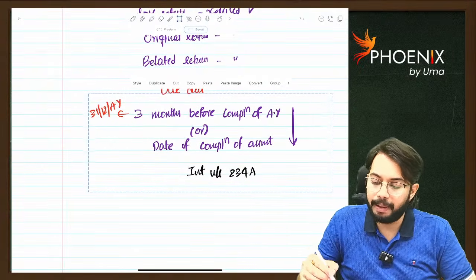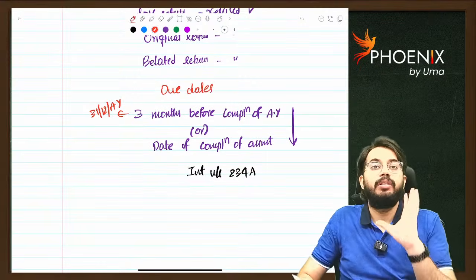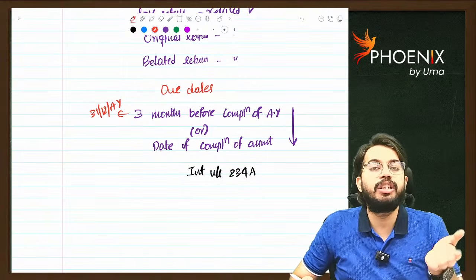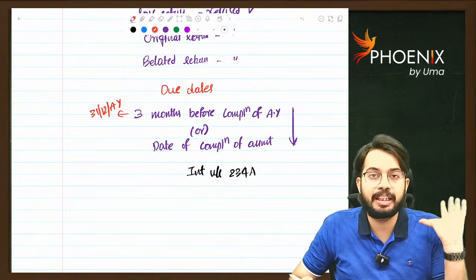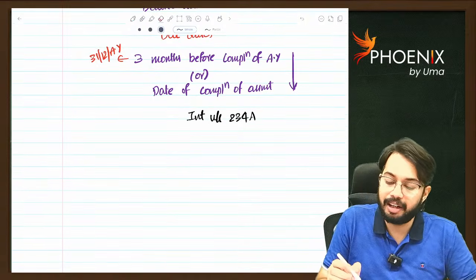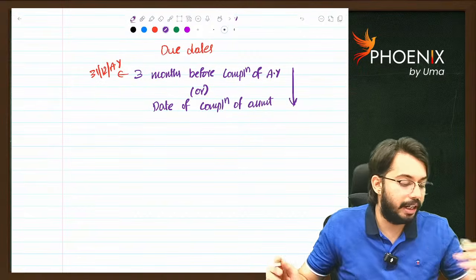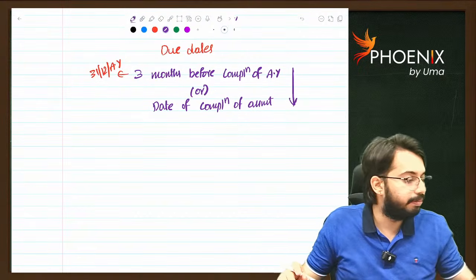Same due dates are applicable for revised return also. That means revised return can also be filed before 31st December of assessment year or before date of completion of assessment, whichever is earlier. Are you able to understand? That's the concept relating to revised return.